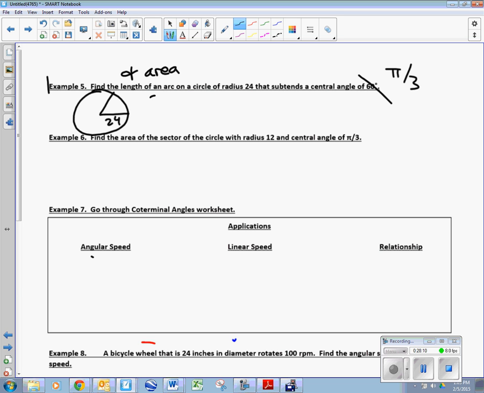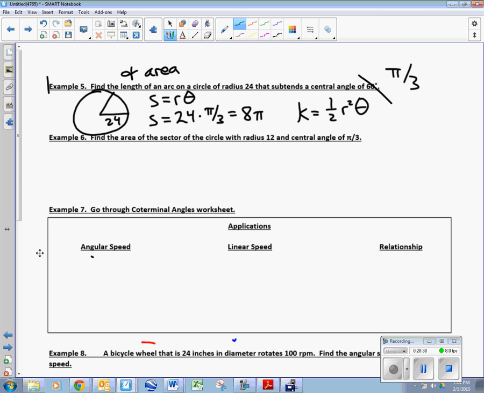So the formula says S is equal to r theta. That will give me the arc length. What is r? What's theta? Multiply and you get 8 pi. If you do area, 1/2 r squared theta.